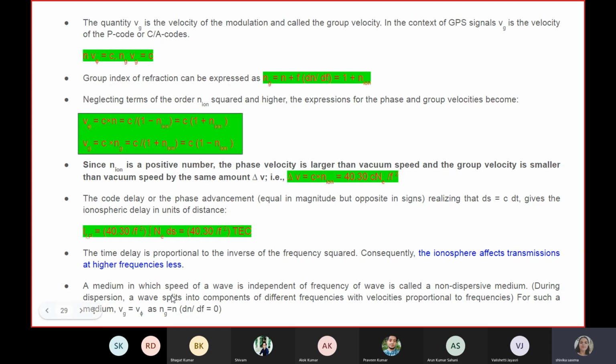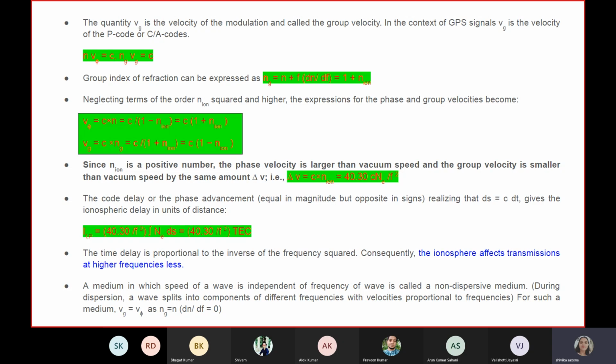A medium in which the speed of a wave is independent of the frequency of the wave is called a non-dispersive medium. We have already spoken about this. So here we are talking about how all these things will behave if this medium was not the ionosphere but the troposphere. What happens in the troposphere? There it is a non-dispersive medium.